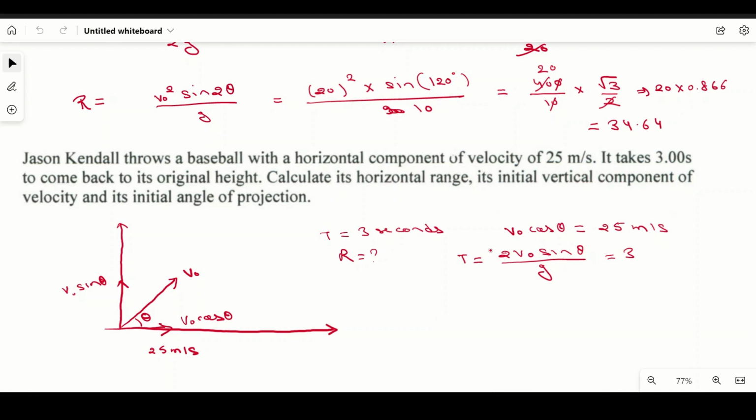If we divide these two equations, this is 1, this is 2, and g is 10, so T by V naught cos theta will be 2 V naught sin theta divided by 10, so it is 0.2 V naught sin theta divided by V naught cos theta, is equal to 3 by 25.